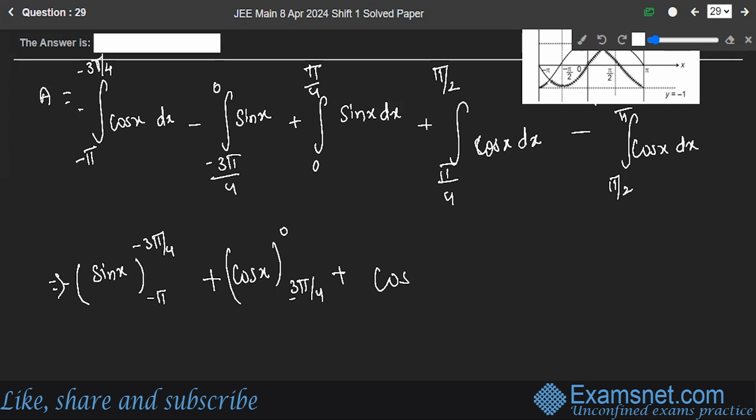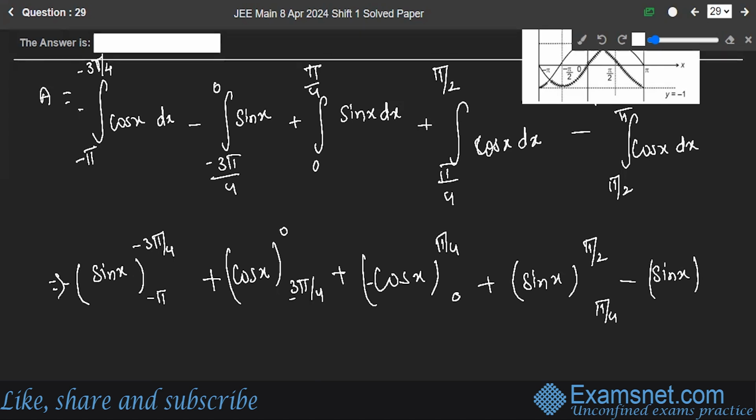This will be plus cos x from 0 to pi by 4, and sine x from pi by 4 to pi by 2 will be minus, right? Minus sine x from pi by 2 to pi.